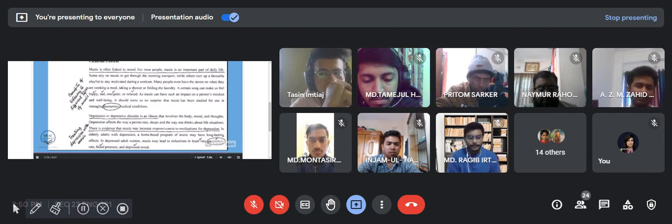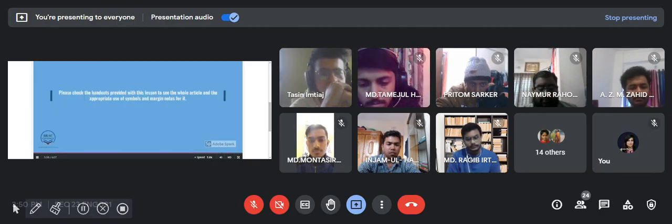Finally, some sentences have been underlined. These sentences tell the main idea of each paragraph. Please check the handouts provided with this lesson to see the whole article and the appropriate use of symbols and margin notes for it.